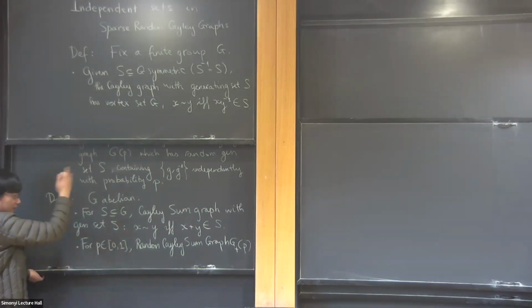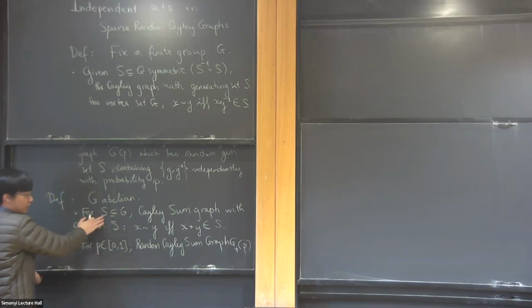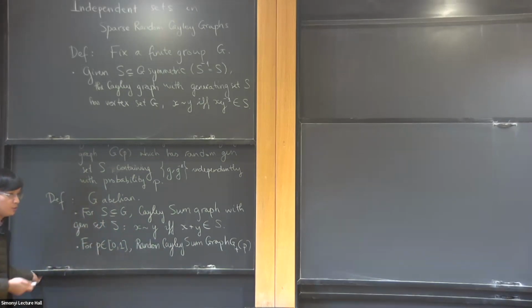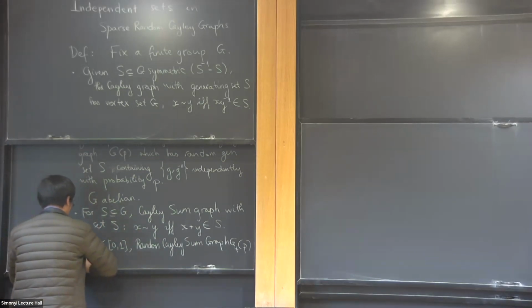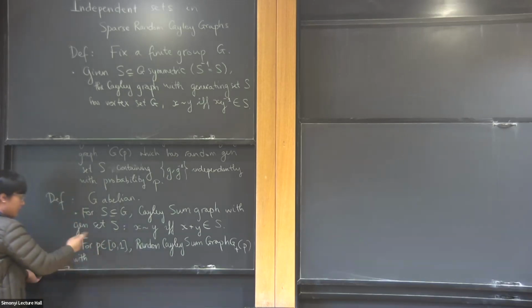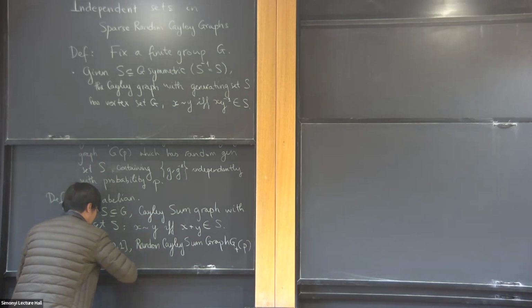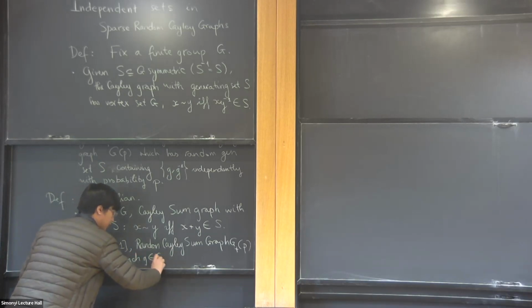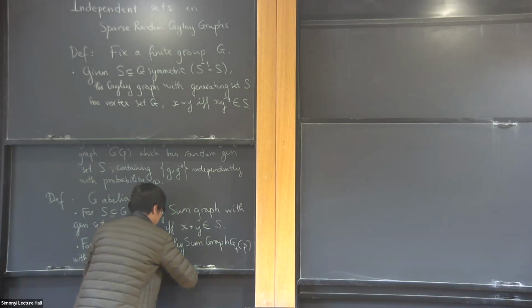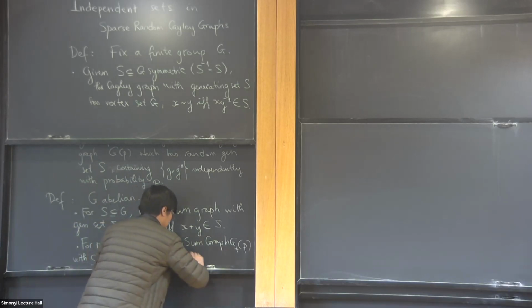To define it, as before, we just take a generating set S, where each element in the group G is included in S independently with probability p.